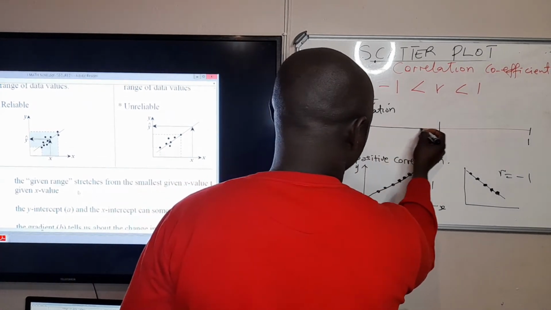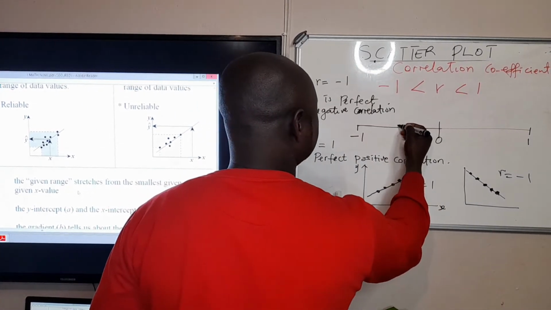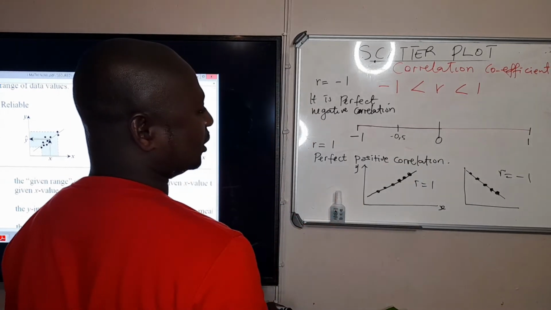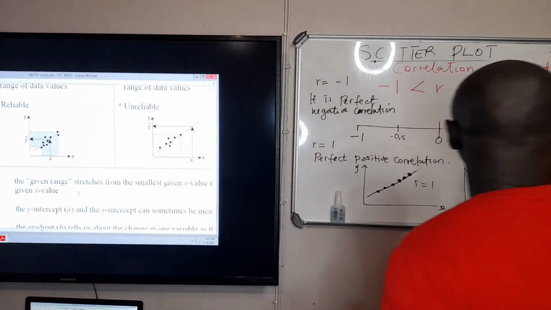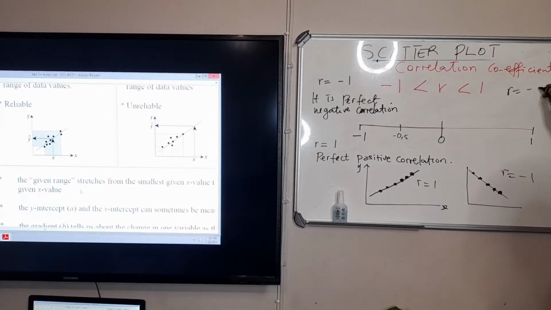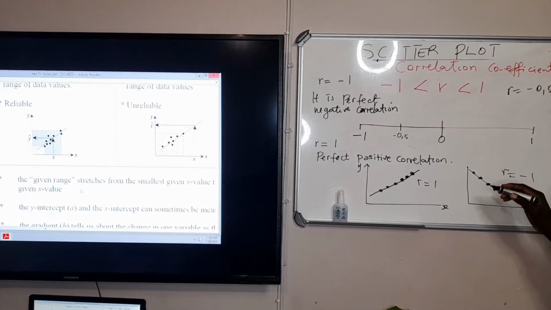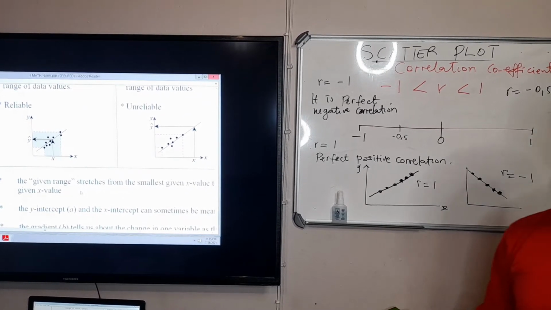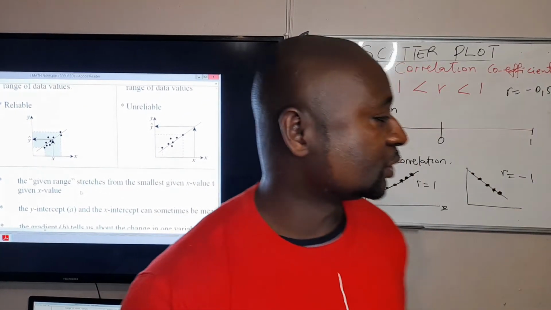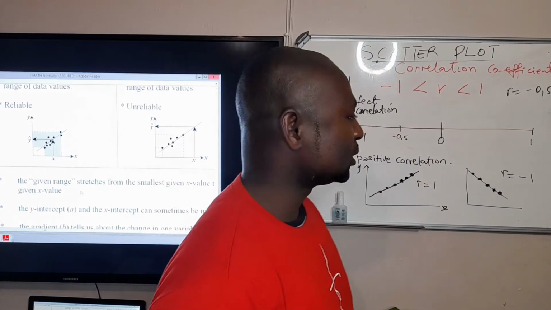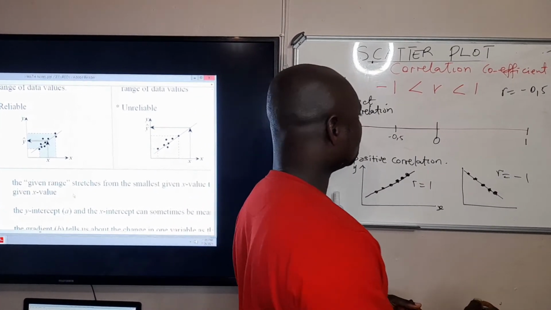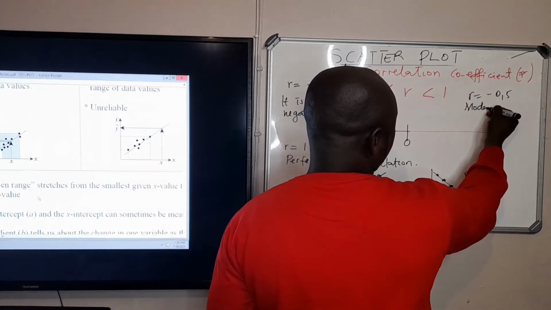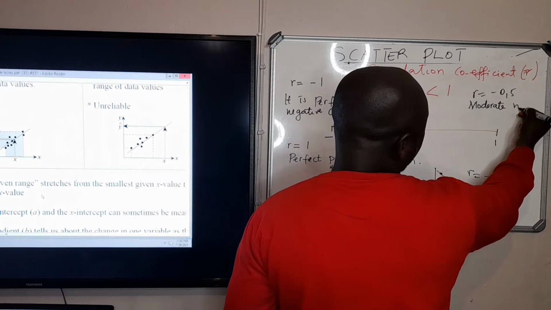Now let's go in between here. Let's say we've got 0,5. You calculated your R and R gave you R is equal to negative 0,5. And they ask you to comment on the correlation coefficient. Here you can say it's moderate negative.